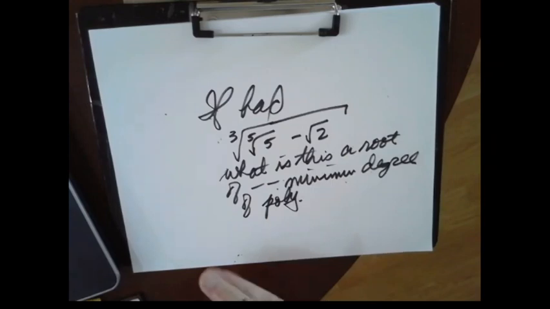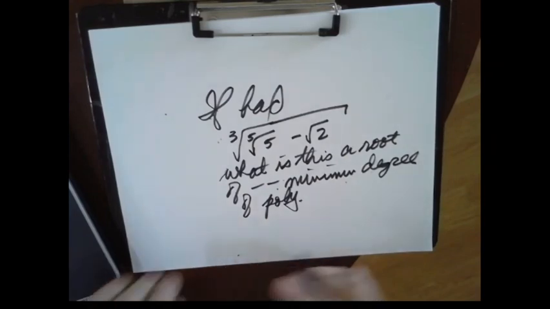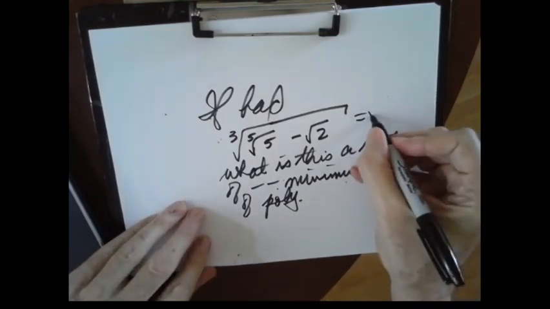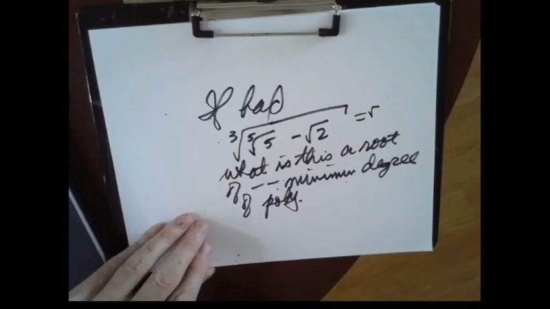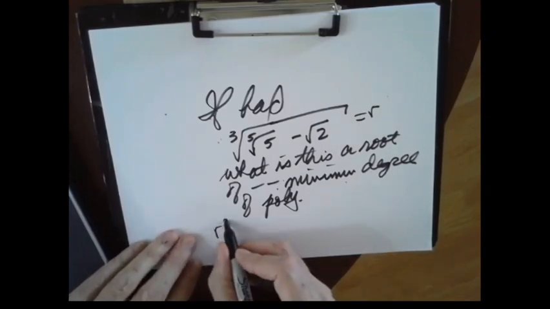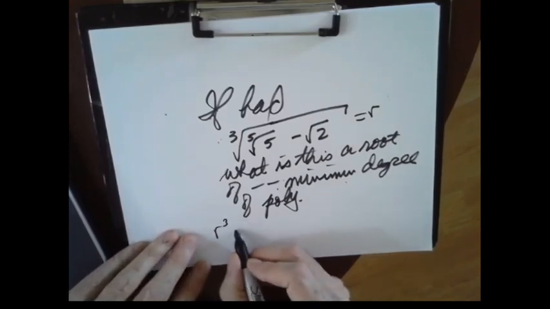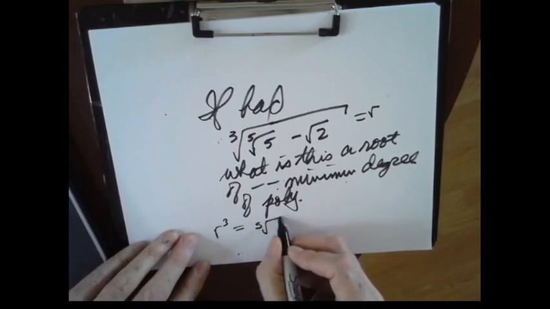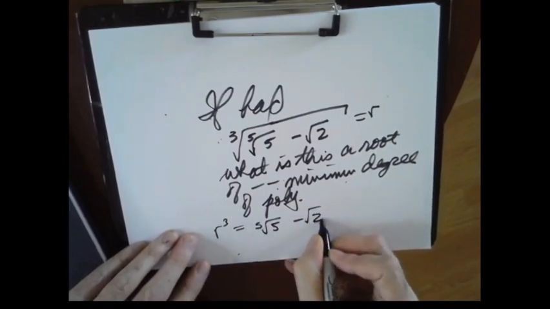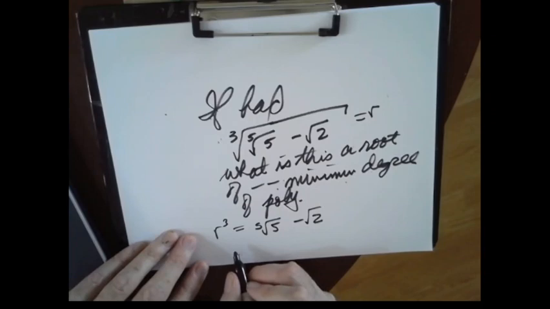Can you show that that's the root of something? Well, I think you can do that with an r here, and you cube that, and you get the fifth root of 5 minus the square root of 2, and then I guess, geez, it seems like you're stuck.